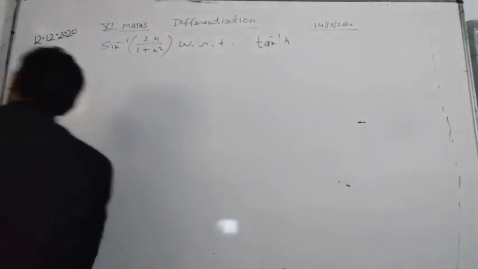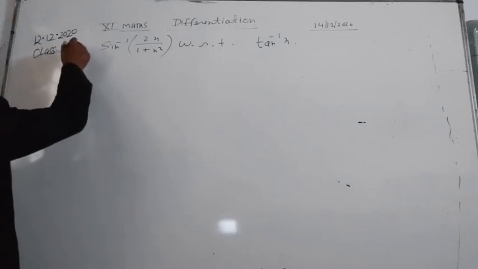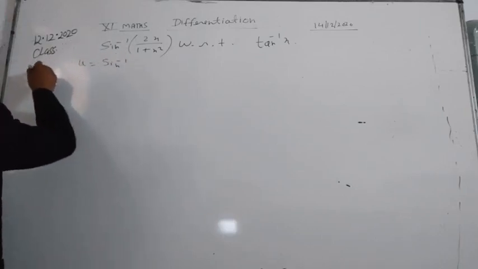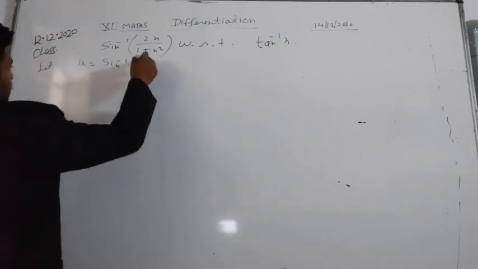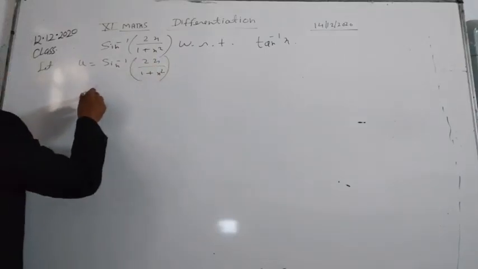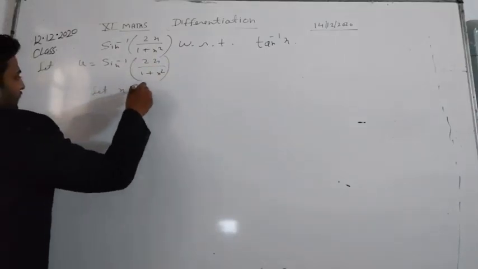So we will again take, this is our u, sin inverse 2x by 1 plus x square. Now let x is equal to tan theta.